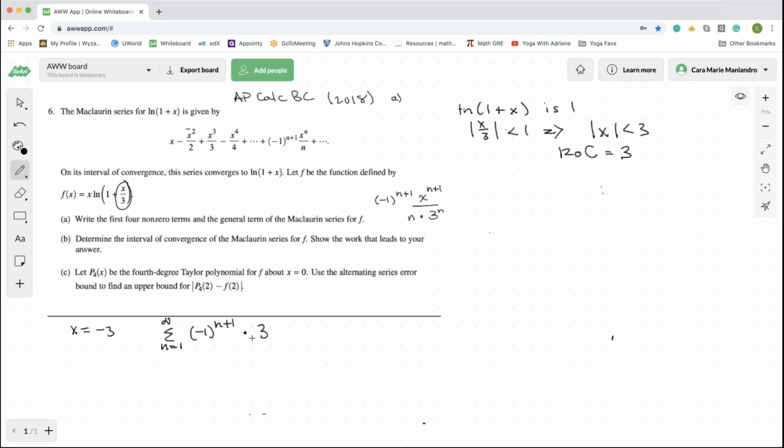All right, so I get negative 3 to the n plus 1 divided by n times 3 to the n. All right, and then if I simplify, I get the sum from n equals 1 to infinity of 3 over n. All right, and then we know that this thing is going to diverge by comparison to 1 over n.